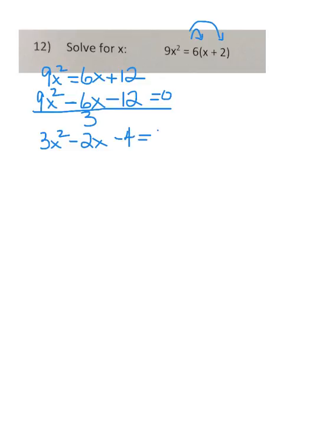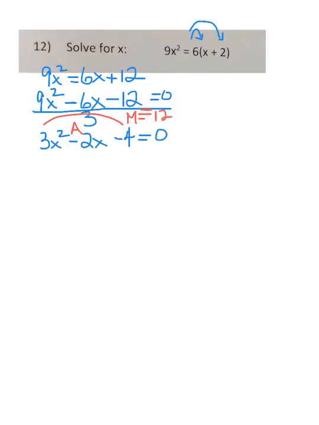Equals 0? Okay. Now, I would try to factor this, and I would definitely have to do rainbow, right? Because I have a lead coefficient that's a 3. So what multiplies to negative 12? Oops, that's supposed to be a negative 12. And adds to a negative 2.